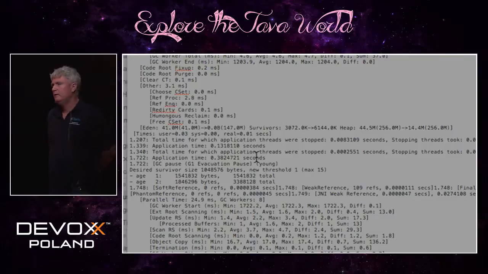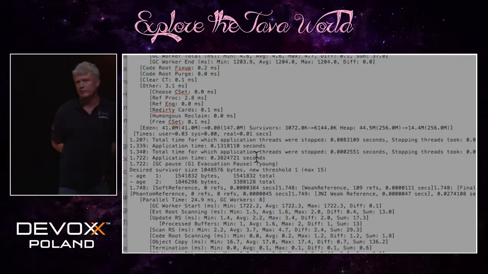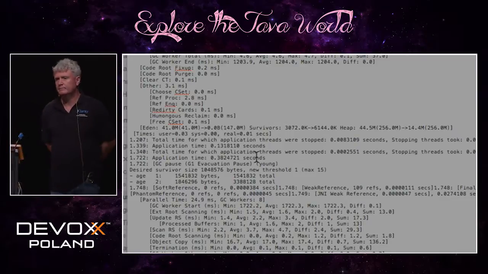Quite frankly, anything below 2 to 3 gigs in heap, it's much better to use a parallel collector anyway, or even a CMS collector. You're not going to get any advantage, I think, using a G1 collector. Okay.